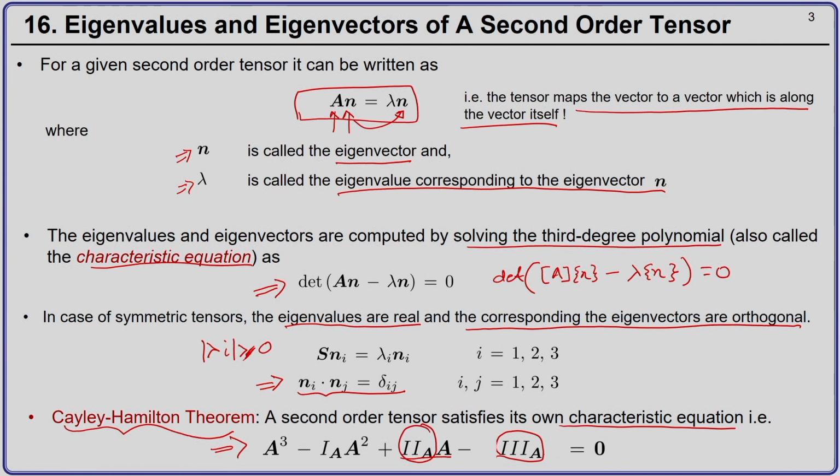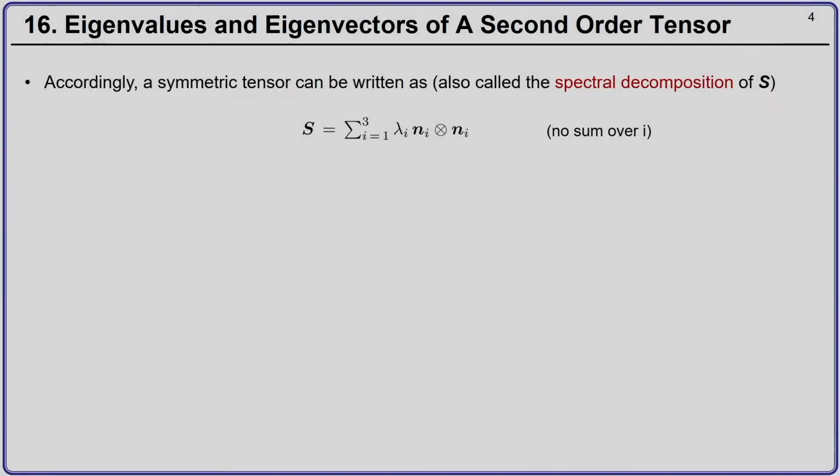So, a second order tensor will satisfy its own characteristic equation. This is called the Cayley-Hamilton theorem.